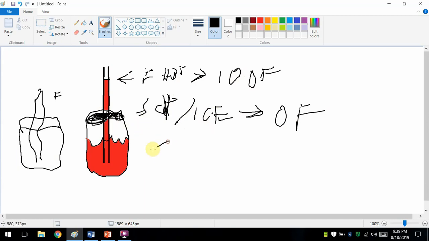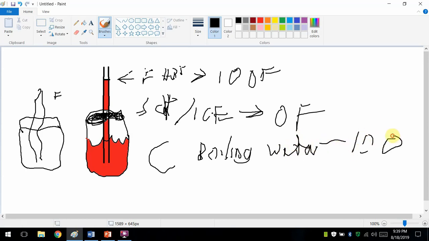Celsius, on the other hand, said boiling water at sea level is equal to 100 C, and ice melting is 0 C. So they had the same concept, they just chose different standards.